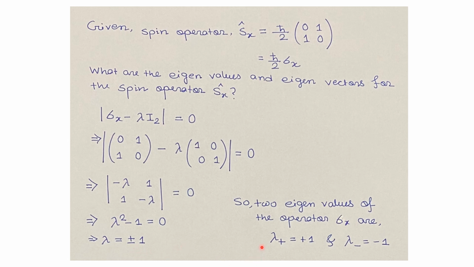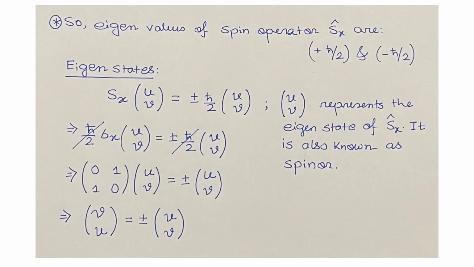We denote lambda plus equals plus 1 and lambda minus equals minus 1. These are the 2 eigenvalues for sigma x. So the eigenvalues for the operator Sx cap will be ħ/2 times lambda plus and ħ/2 times lambda minus, that is, plus minus ħ/2.